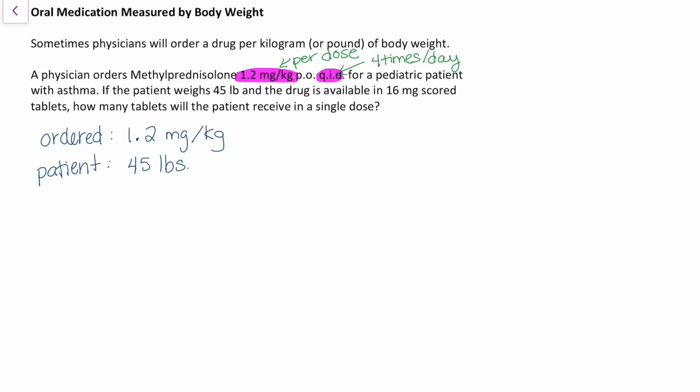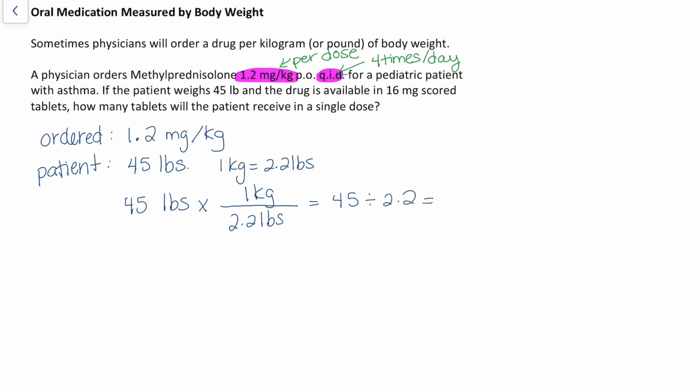So we need to convert 45 pounds into kilograms, and we know that 1 kilogram is 2.2 pounds. So we can do 45 pounds times, I'm going to put my pounds on the bottom so they cancel out, which means I'm going to divide 45 by 2.2, which is 20.454545, and so on.